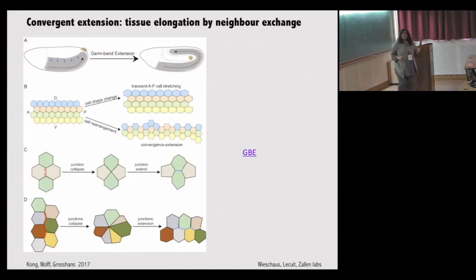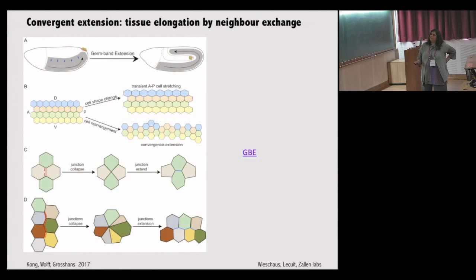And at least one way that people found this could happen was by changing the way cells within this broad band interact with each other. So what you'll see in this cartoon is that if you have rows and columns of cells that are arranged like this, most cells in this tissue at this stage are roughly hexagonal, let's say, on their apical surfaces.